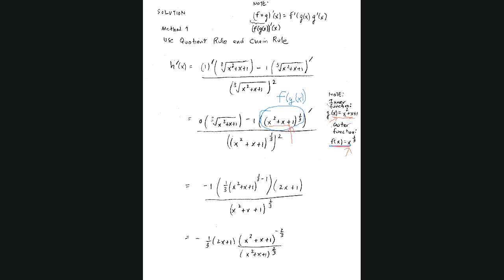And that's what you're finding the derivative of. So when you start using the chain rule, you always have to identify what your inner function is and what your outer function is. Your inner and outer. And now we'll apply the chain rule.